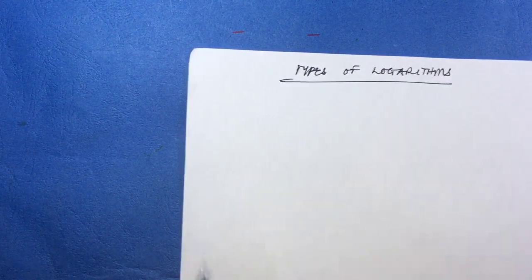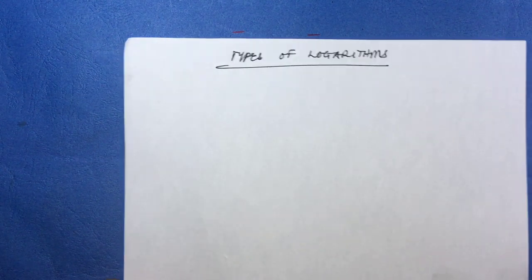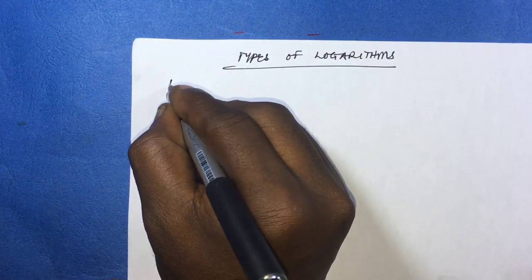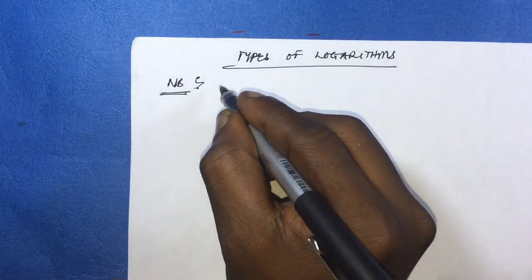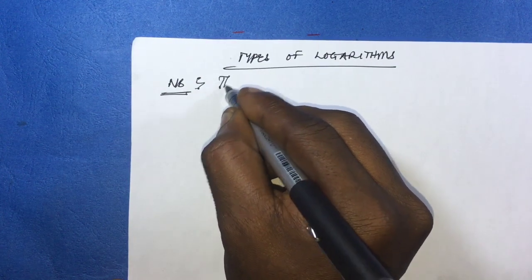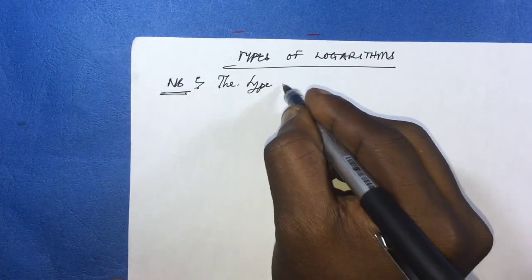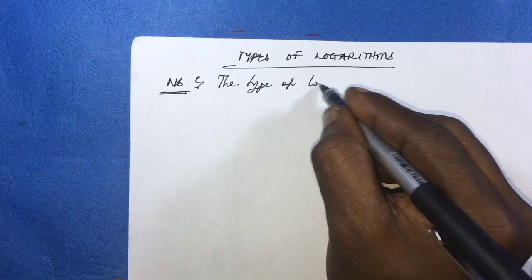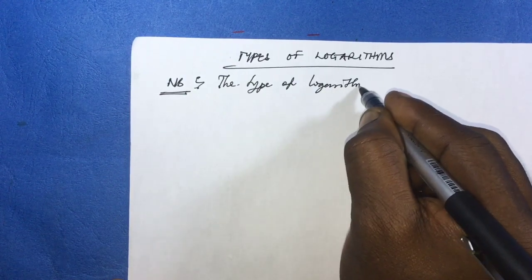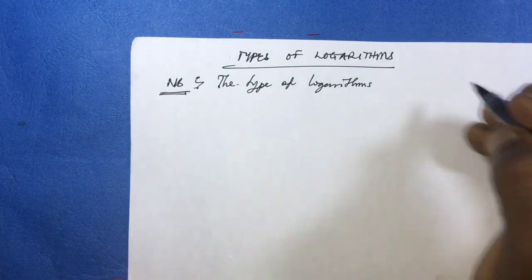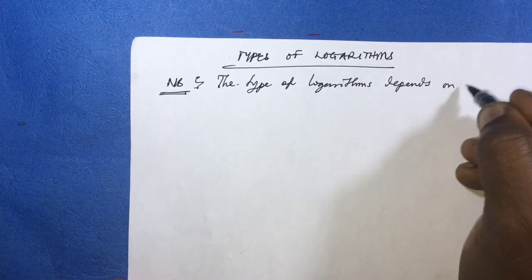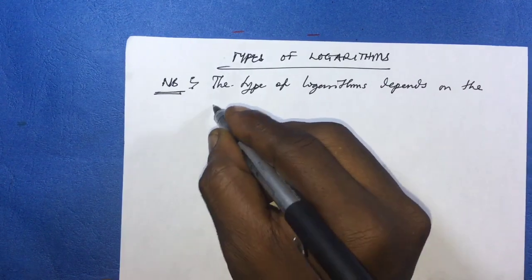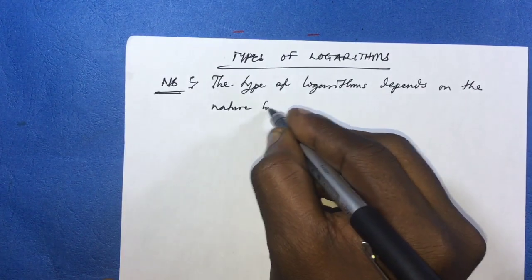So what am I going to be saying here? The first thing I want you to take note of is that the type of logarithm depends on the nature of the base.